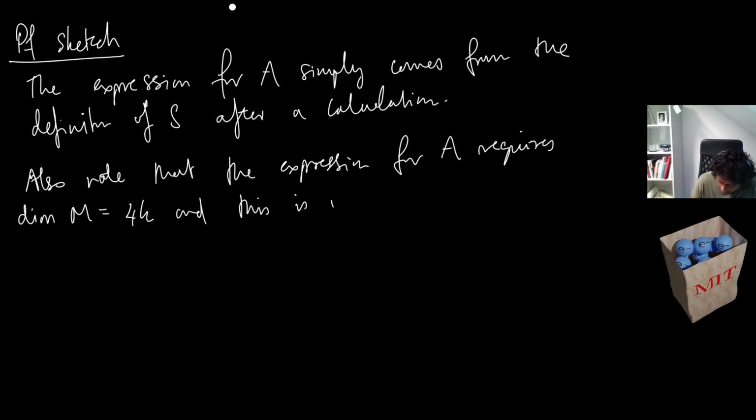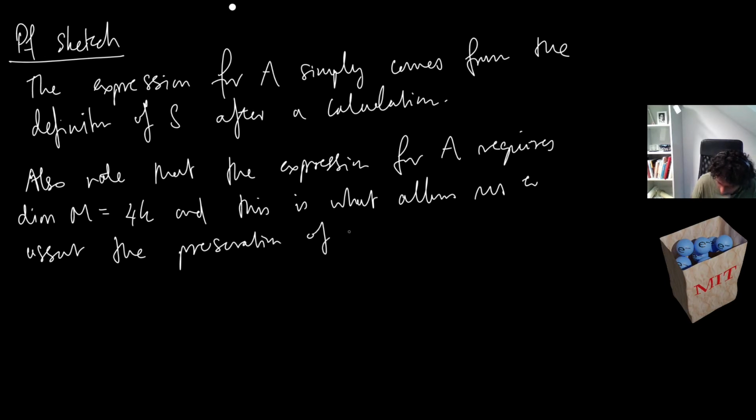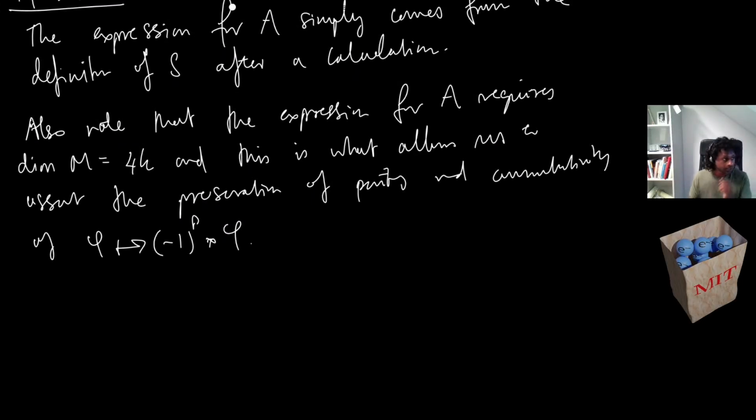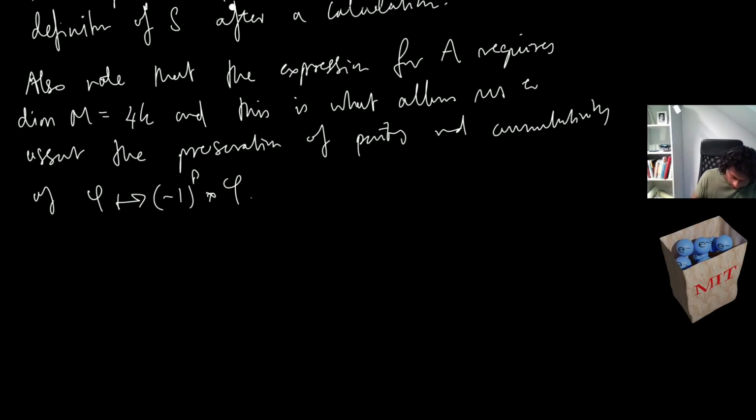This is what allows us to assert the preservation of parity and the commutativity of phi mapping to (-1)^p star phi. And that gives rise to the decomposition, right? So it's not so important. What's really important is the corollary of this.